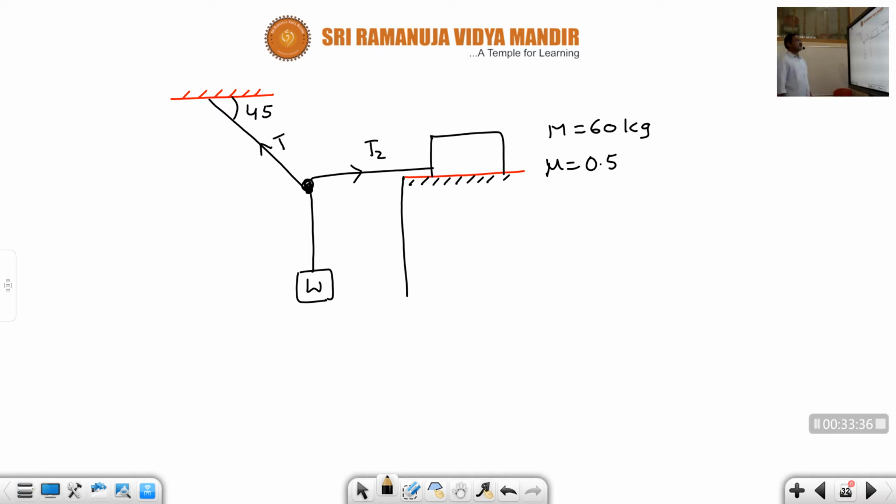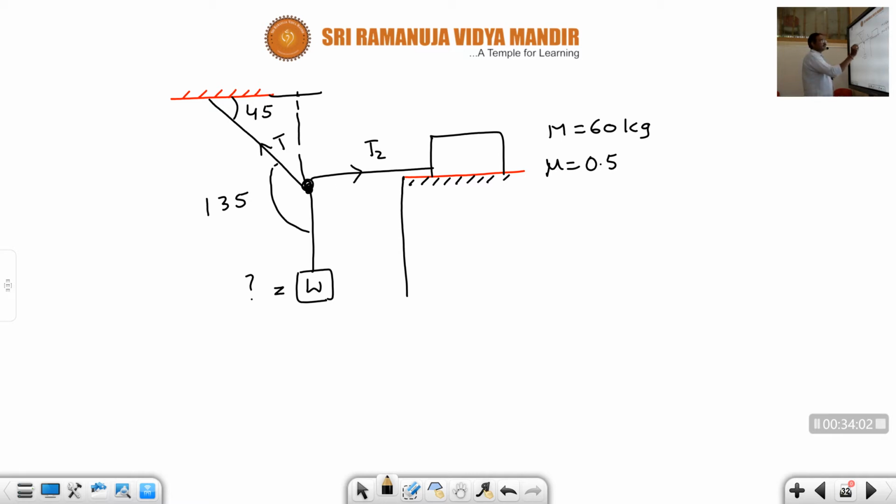Now in this situation, what is the value of W? You have to find how much weight is required to hold the system under equilibrium. You can use Lami's theorem to understand the situation. If you consider the triangle here, this is 45, 90 and it is 45, then it is 135.